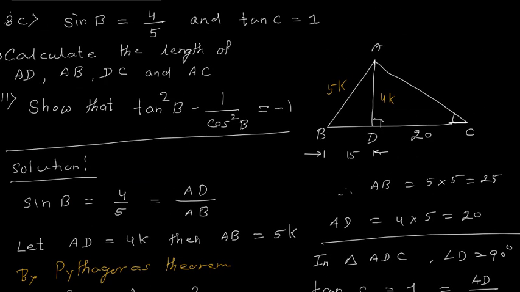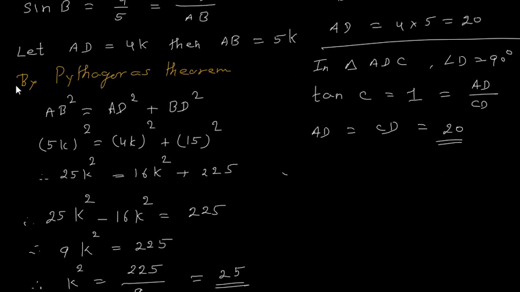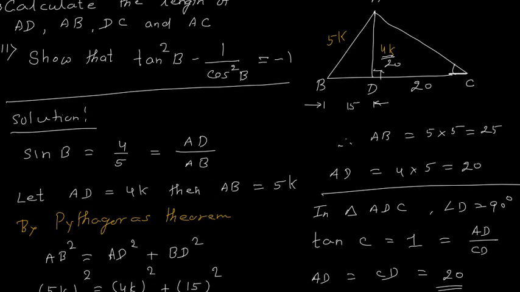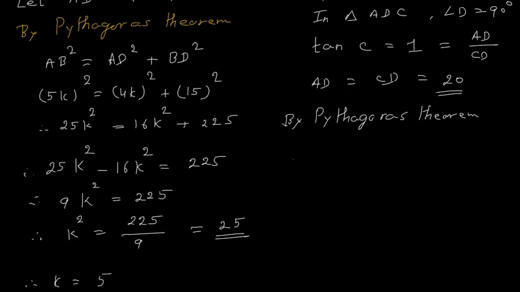This is also 20. Now by Pythagoras theorem, our AC square is equals to AD square plus DC square. Now the value of AD is 20, so this is 20 square, plus DC is also 20, so this is also 20 square.